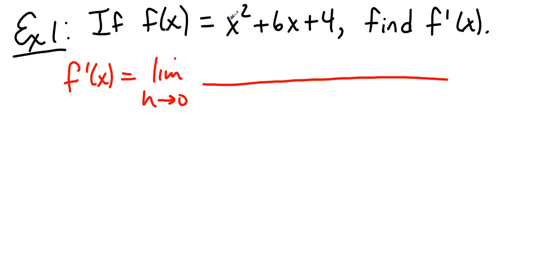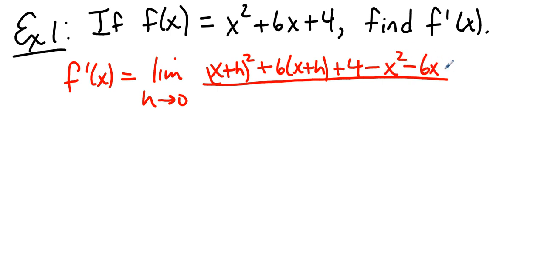That's what happens when we replace each x with x plus h: x plus h squared plus 6 times x plus h, plus 4. Then minus f of x, and we're going to remember that when you subtract a polynomial, you subtract each of the terms, all over h.